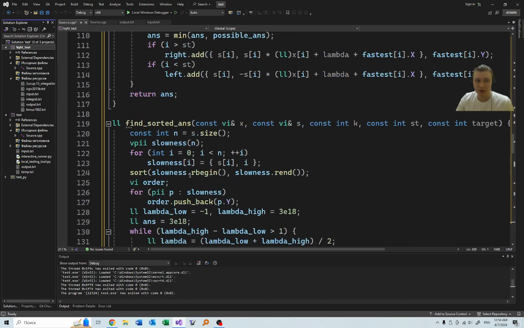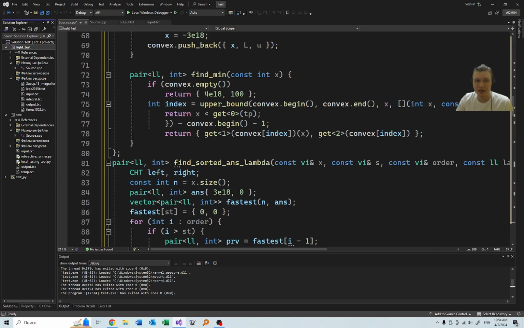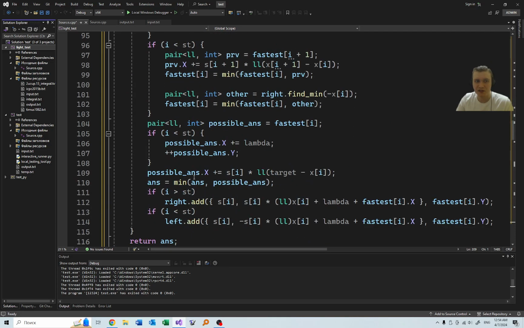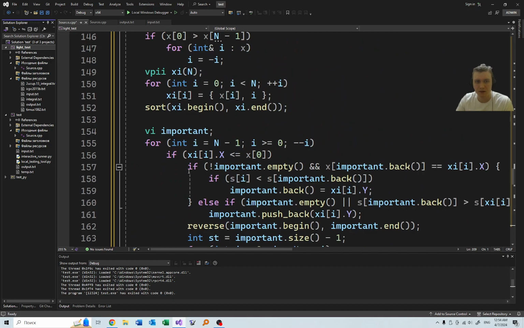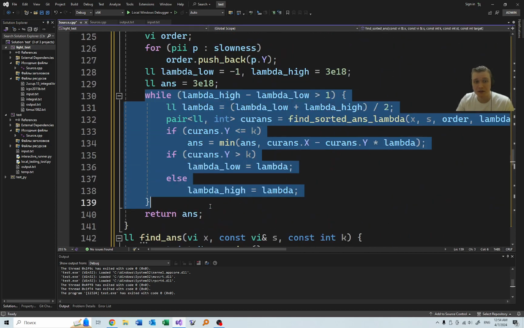So I wrote it, and the binary search for lambda is somewhere here.